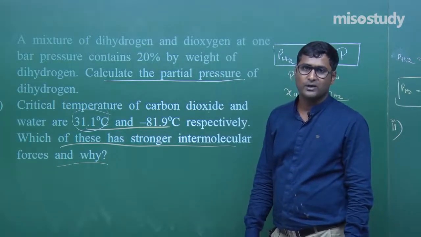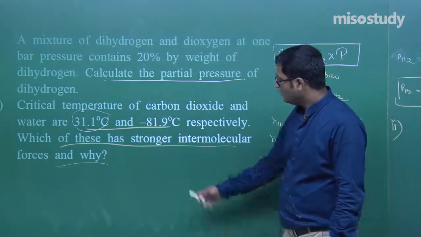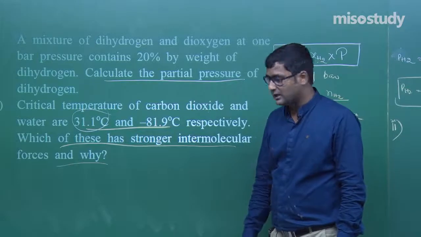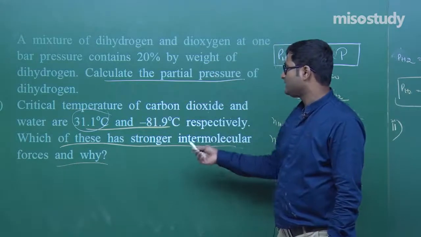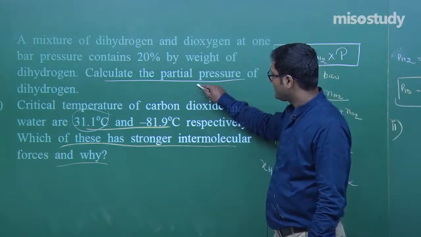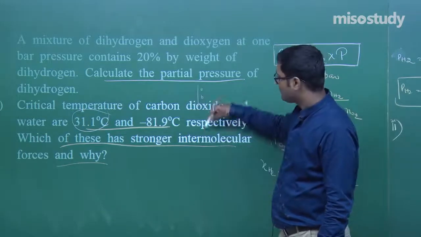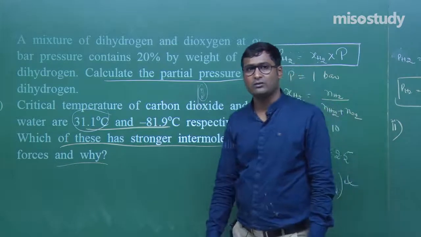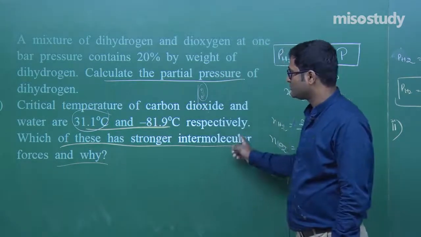Easier liquefaction means the intermolecular forces are stronger. So the substance which has a higher critical temperature will have high intermolecular forces. Clear to you? Because when gas converts to liquid, the particles come closer, which means there is an increase in the intermolecular force. This is a true statement.